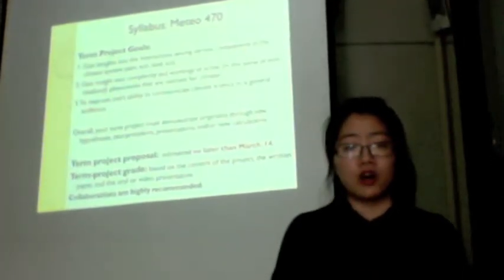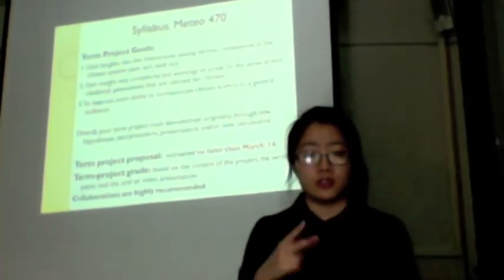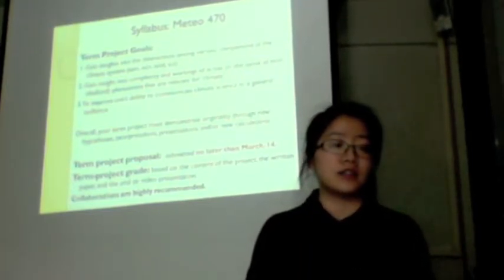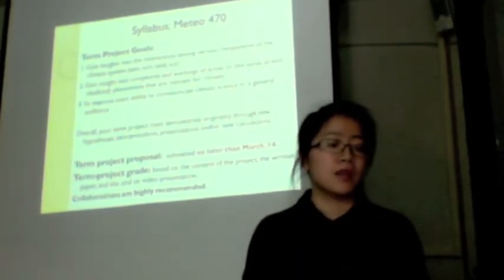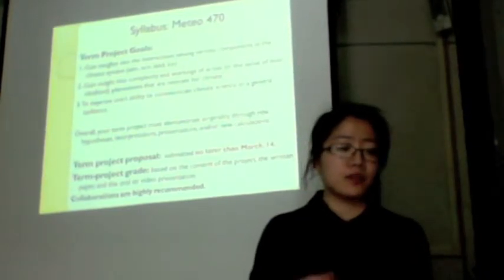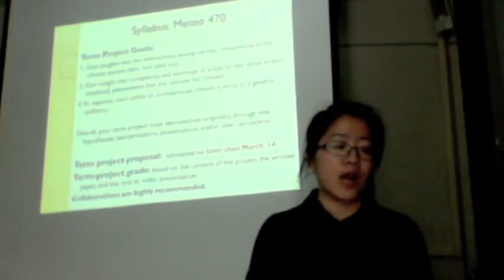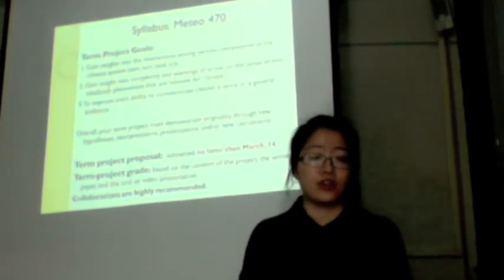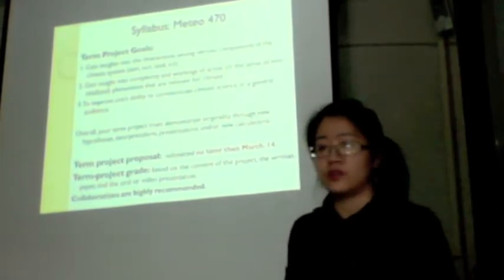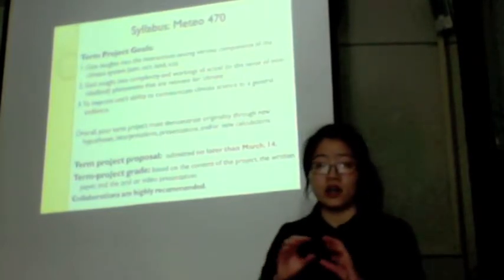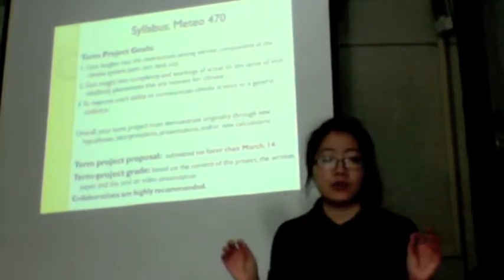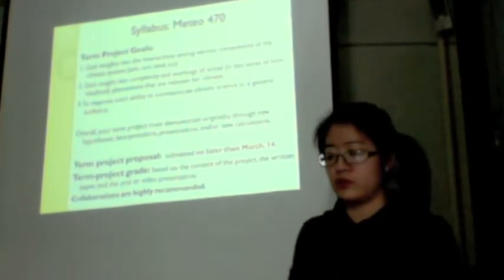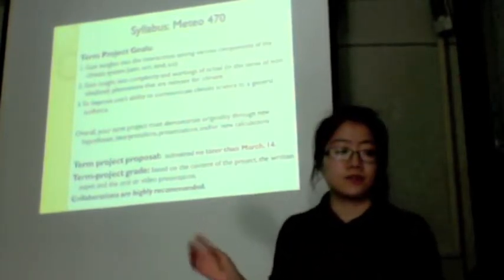In this course, we will have two midterm exams, no final exam because there is a term project assignment. Your term project must demonstrate originality through new hypotheses, interpretation, presentation, or new calculations. First, you need to think about topics and then use some useful analysis to support your hypothesis.